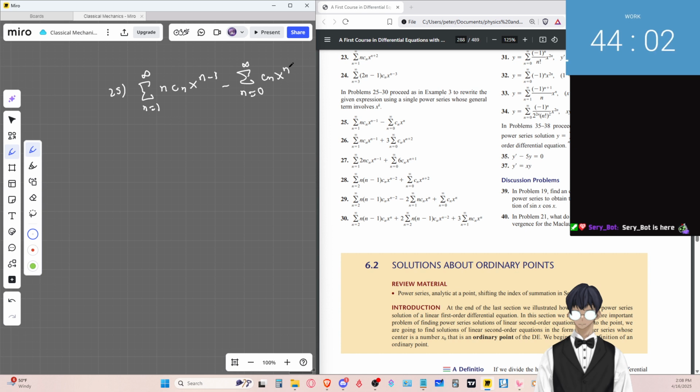So now we have to combine these two series together. What we have to concentrate on is this and these. I think at this point, if this starts at 1, and if n is equal to 1, then it's already 0 in this case.